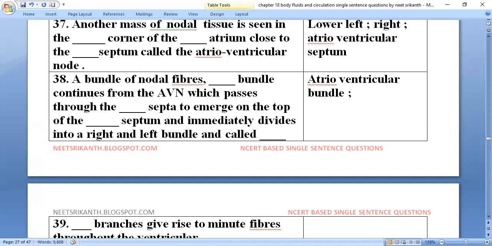The atrioventricular bundle passes through the atrioventricular septa to emerge on the top of the interventricular septum and immediately divides into right and left bundles called the bundle of His.